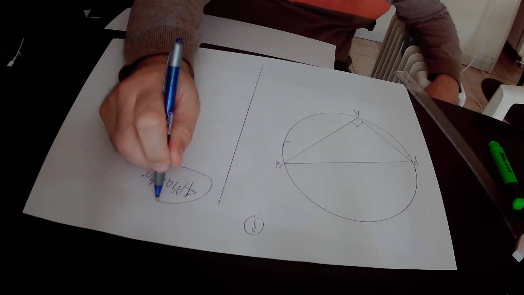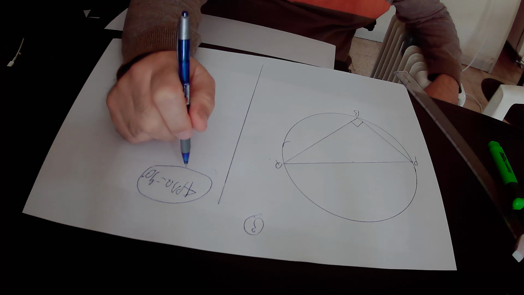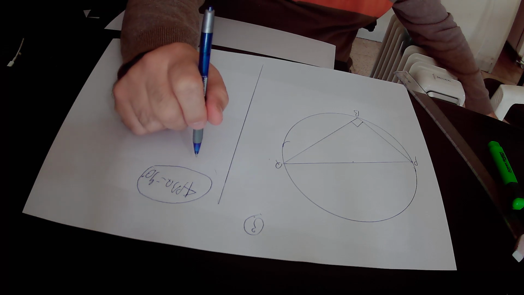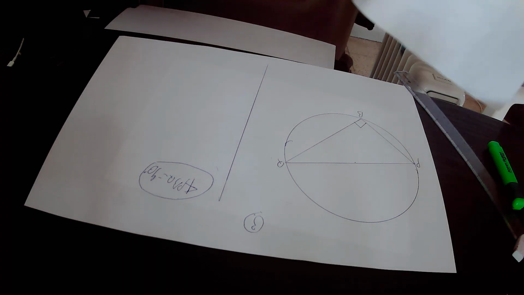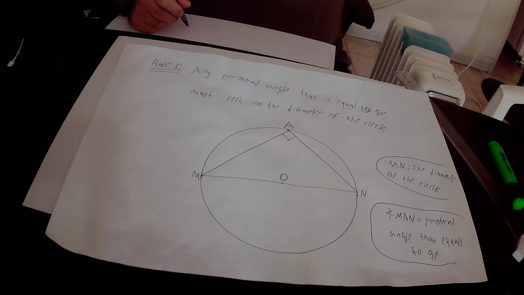And we have rule number 5 that relates to any peripheral angle that is equal to 90 degrees in its size. So according to rule number 5, any peripheral angle that is equal to 90 degrees must rest on the diameter of the circle.